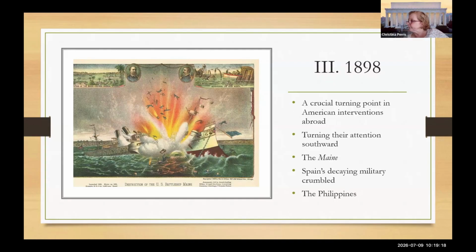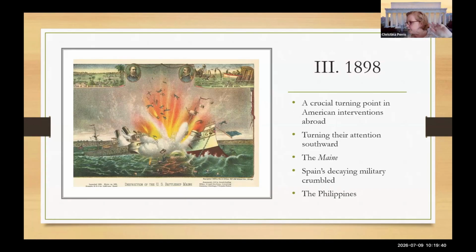Now, as we find, a Naval Board of Inquiry immediately began an investigation to ascertain the cause of the explosion. But the loudest Americans had already decided that Spanish treachery was to blame.